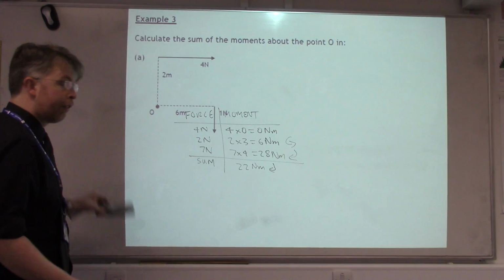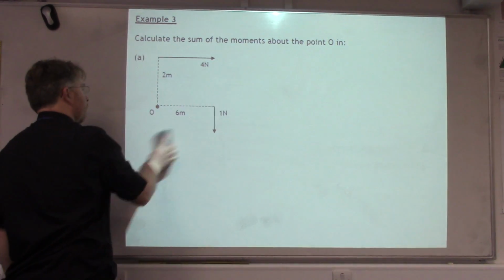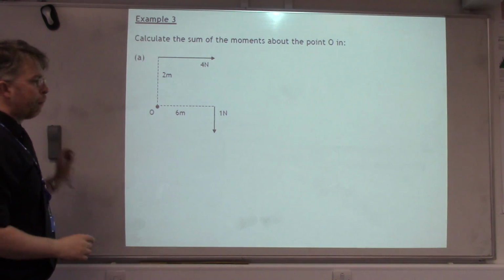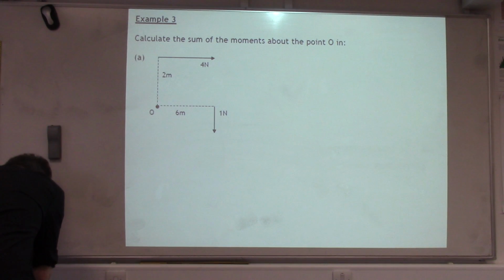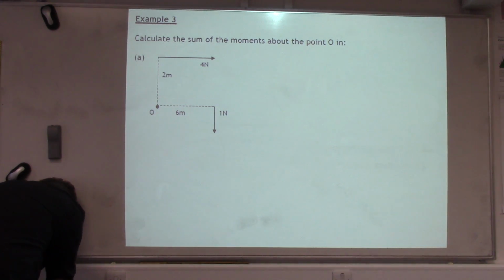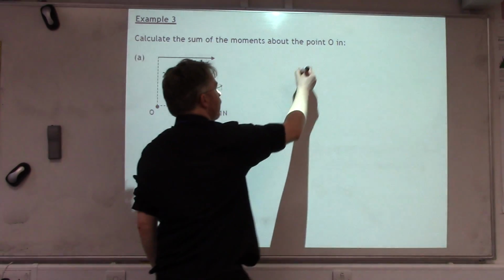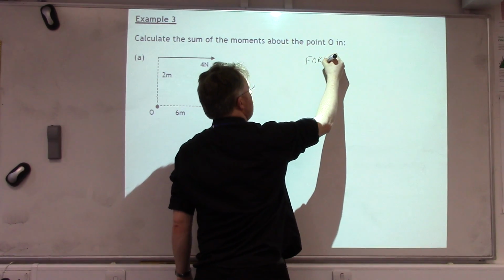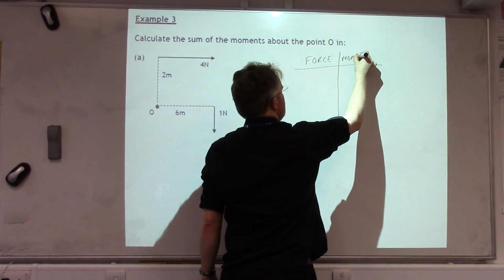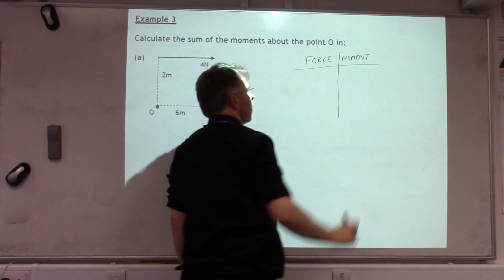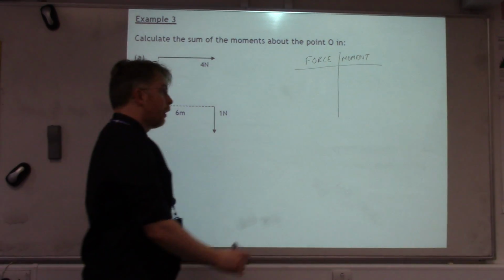Example 3, got several different types here. But again, best thing to do is the table method. So in this case, 2 forces, 4 newtons and 1 newton.